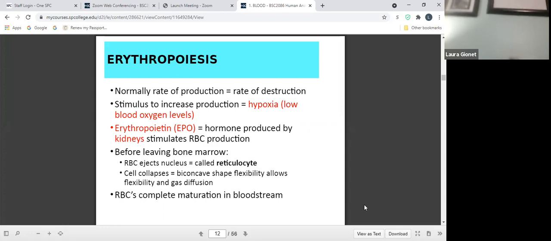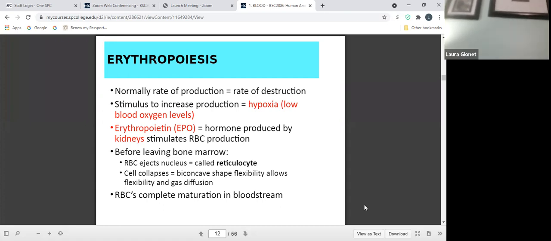The stimulus to increase production is generally hypoxia, or low blood oxygen levels. The hormone is called erythropoietin, referred to as EPO, and it's produced by the kidneys. The erythropoietin will then travel to the red bone marrow and stimulate it to begin production of more red blood cells.